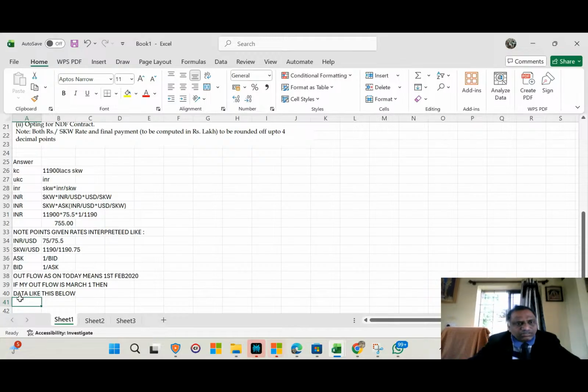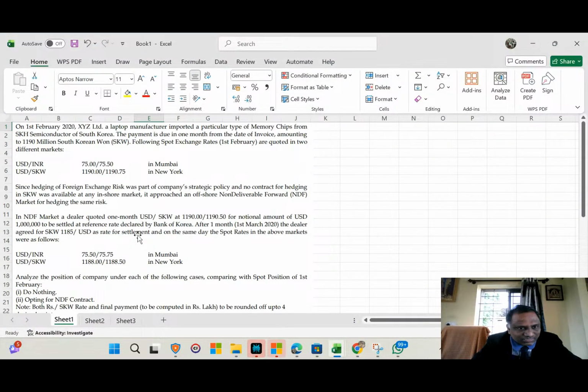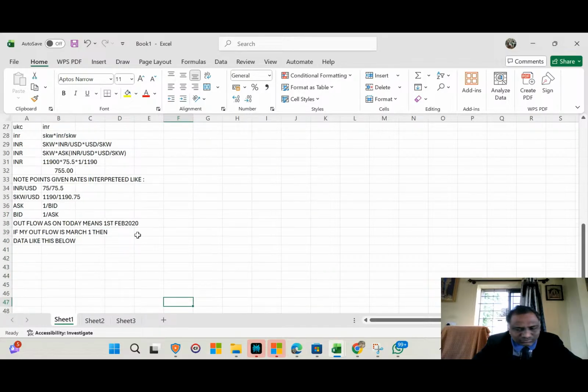Dear friends, the 1st March data is like this. USD divided by INR, SKW like this. The data flow will not change. Same here also.